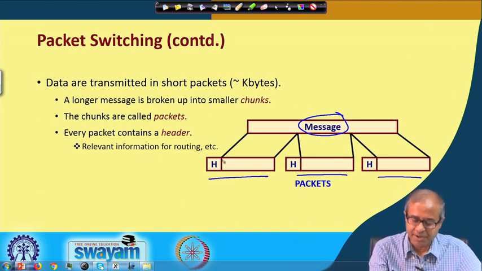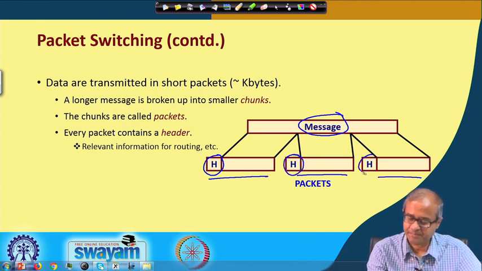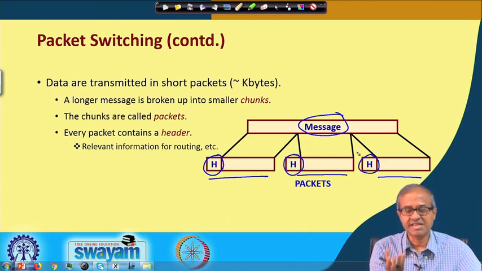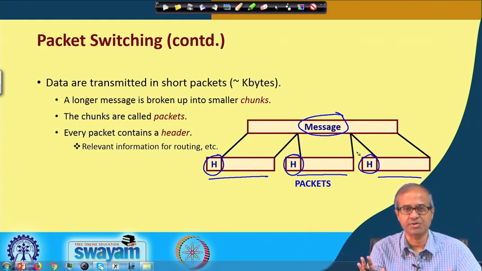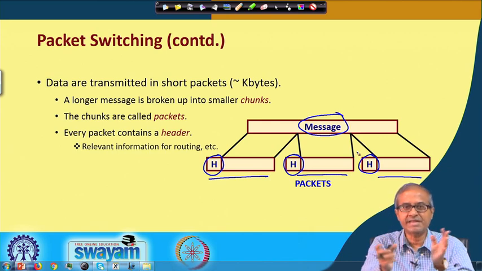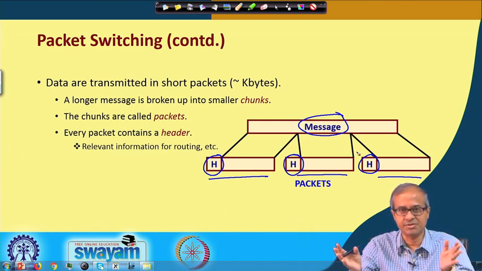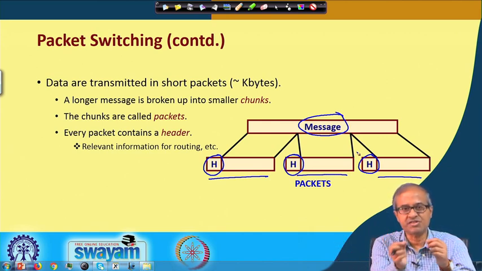And with each packet you add a header. This header will contain some relevant information like where you want to send the packet, destination address and some information relating to that. So, these packets you are dividing your message into, each of these packets will be having some additional overheads in terms of headers.